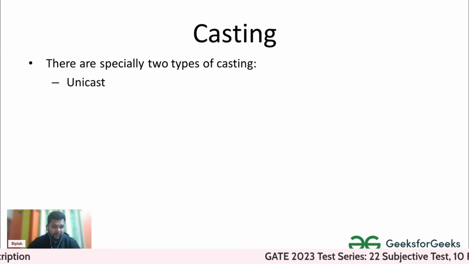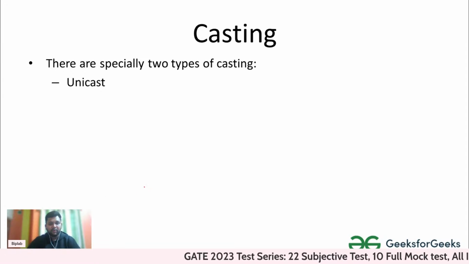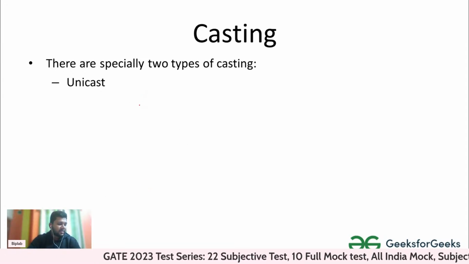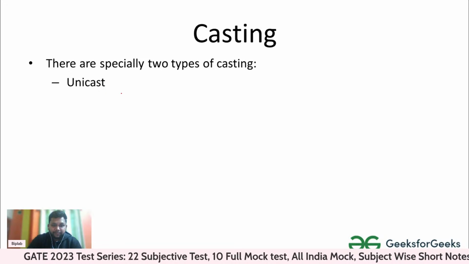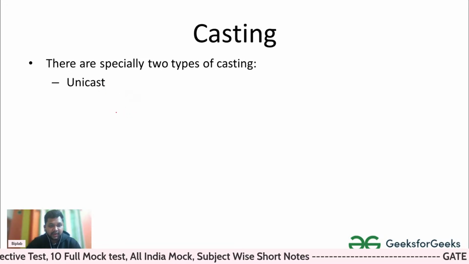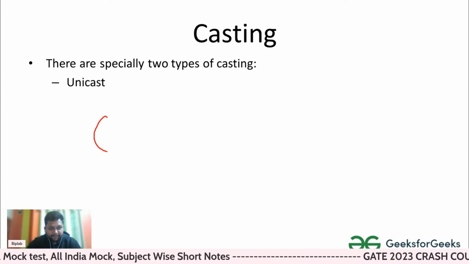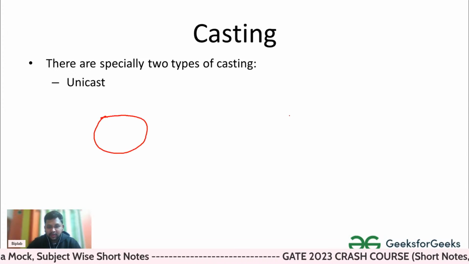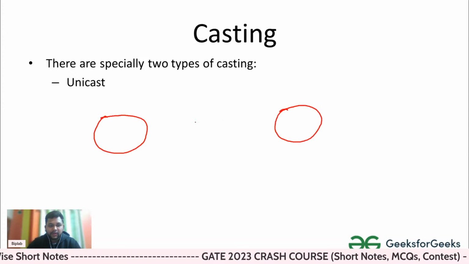Okay, fine. So now let us talk about casting, that is, when we are sending some data, how it is sent. Let's say here is a network and you have another network.